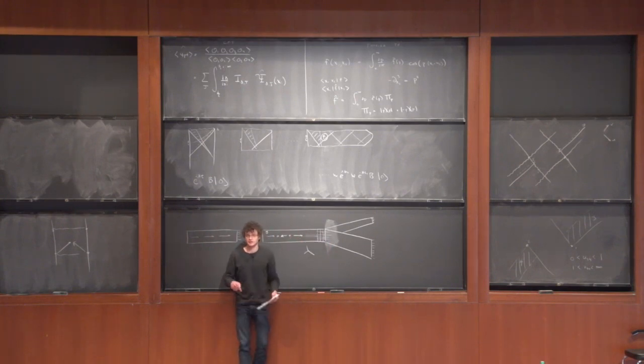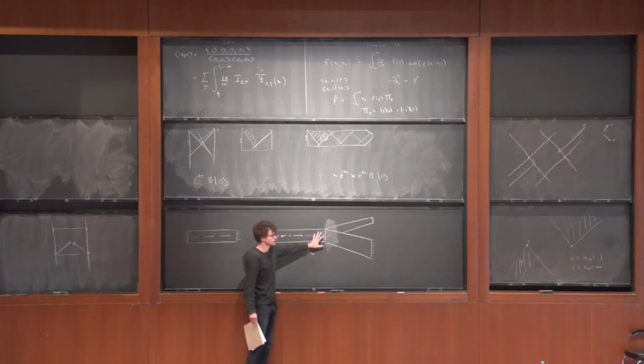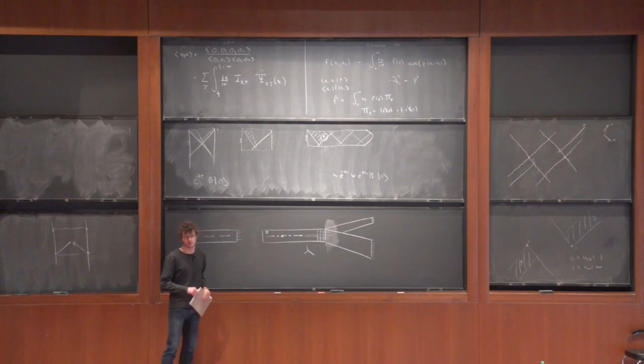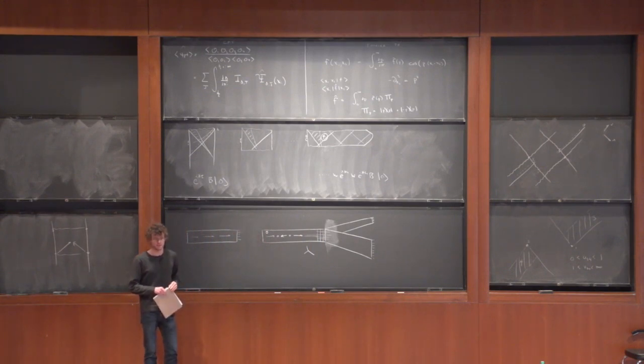So I said that comment slightly out of order. The thing I wanted to say first was that you could object that this tensor network is just some tensor network description of the state, and maybe it's not the one that we're supposed to identify with the bulk geometry.